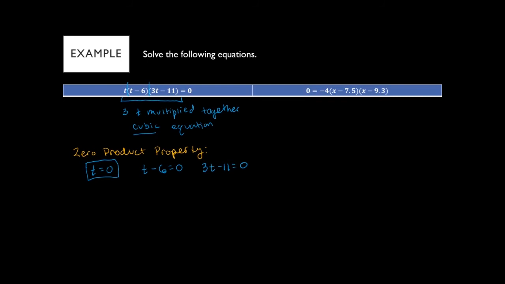So the first piece, t, we don't really need to do anything with, but we do need to solve the other 2 equations. To solve t minus 6 equal to 0, you just add 6 to both sides. And we get t equals 6. Then we solve 3t minus 11 equals 0, so I'm going to add 11 to both sides.